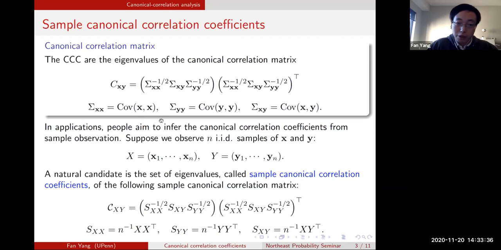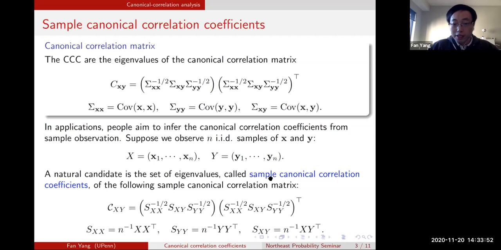We replace the covariance matrix of X with the sample covariance matrix of X, the covariance matrix of Y with the sample covariance matrix of Y, and the cross covariance matrix with the sample cross covariance matrix of X and Y.